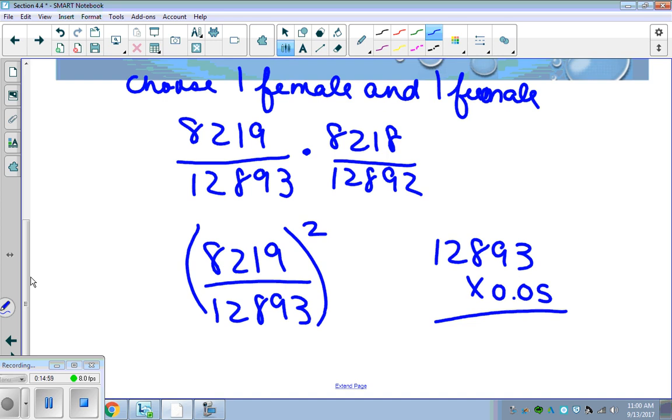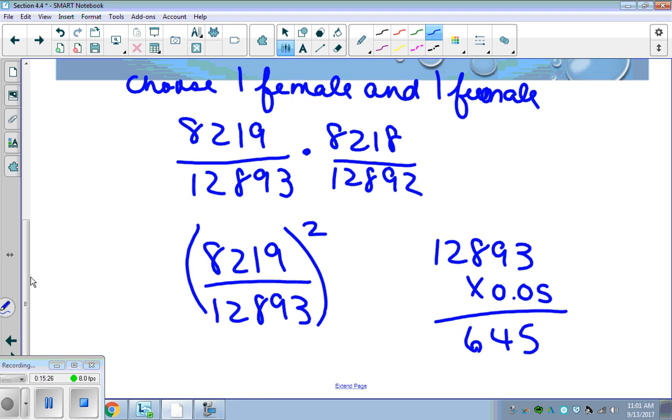That's 5%. So if the sample that I'm pulling is less than 645 people, I can use this rule. Does that make sense? Correct.